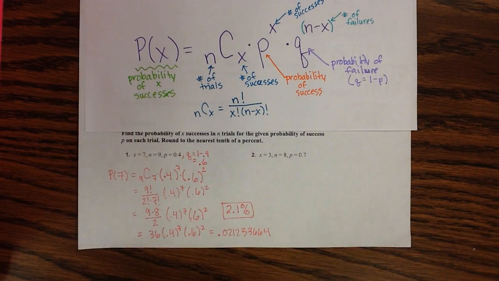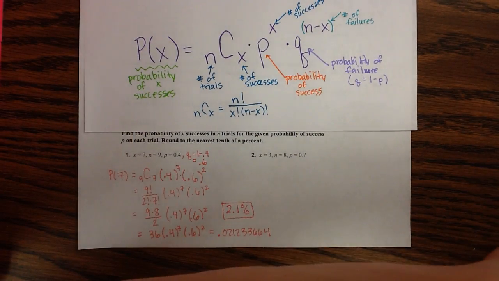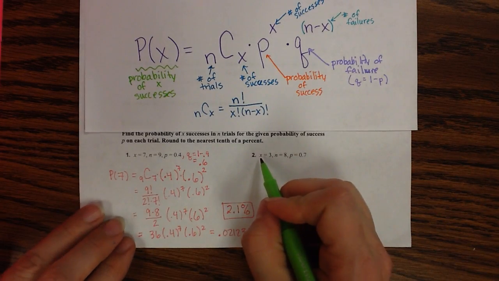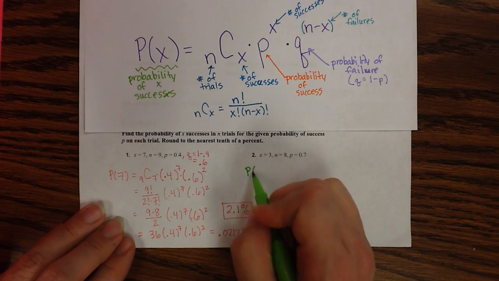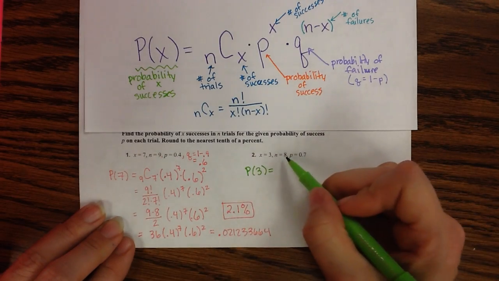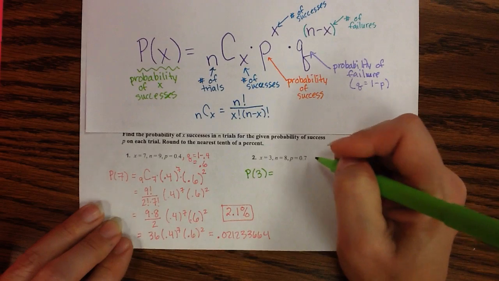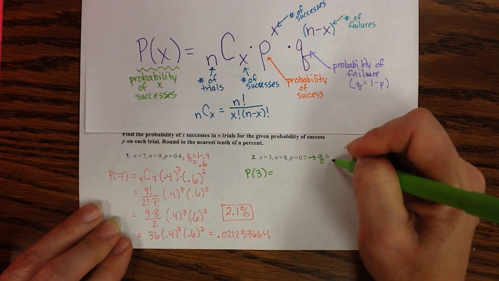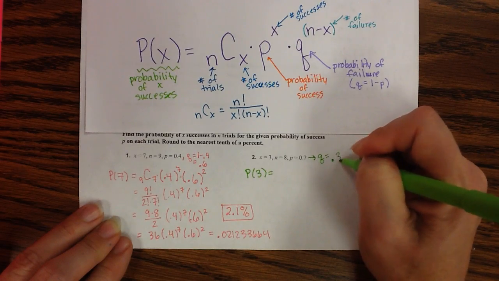Okay, next one here. We want the probability of 3 successes when we have 8 trials. P is 0.7, which means that Q is 1 minus 0.7, so 0.3.